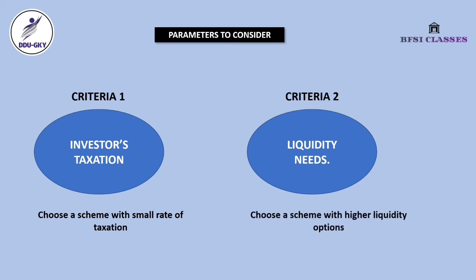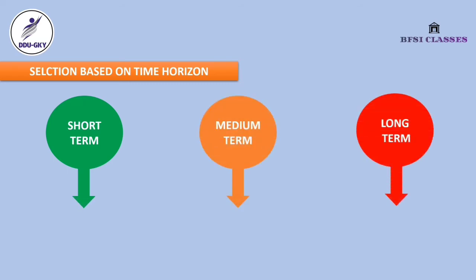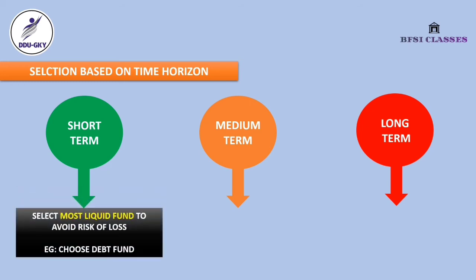Next one, selection based on time horizon. Time horizon is classified into three: short term, medium term, and long term. One should select the most liquid fund to avoid risk of loss in the short term. The short term refers to a period up to 5 years. In a period up to 5 years, the investor should choose debt funds rather than balanced and equity funds.